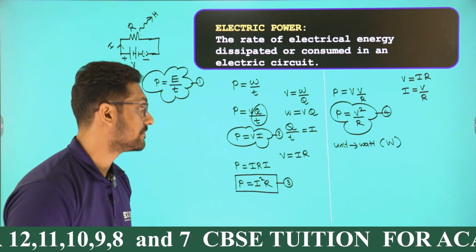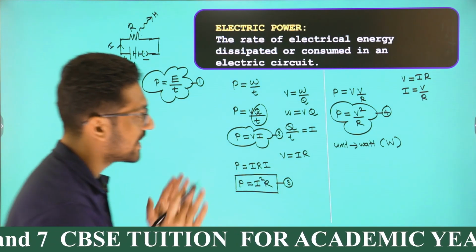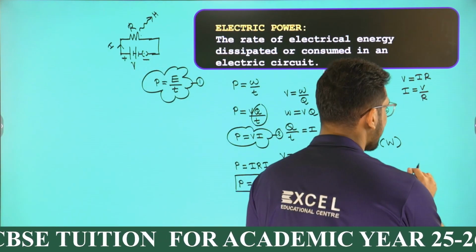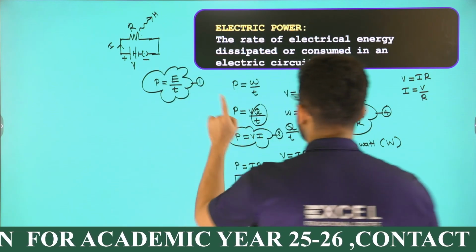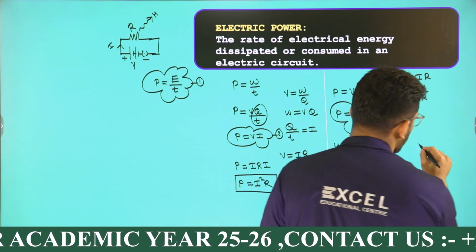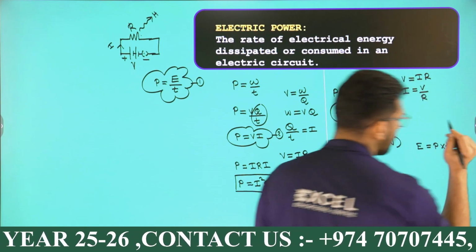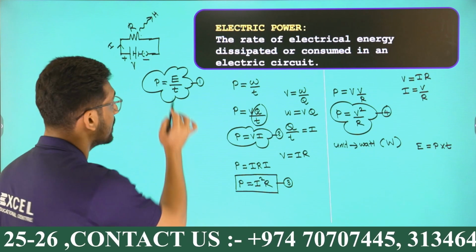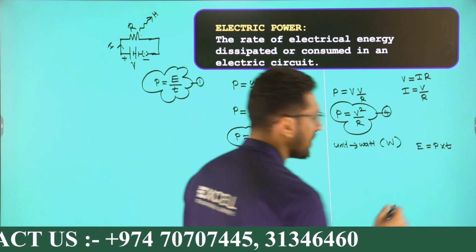If you have power, I am going to write some equations for heat also. Heat is a form of energy. What is the energy equation from this? Energy E is power into time. That is energy. Heat is a form of energy.